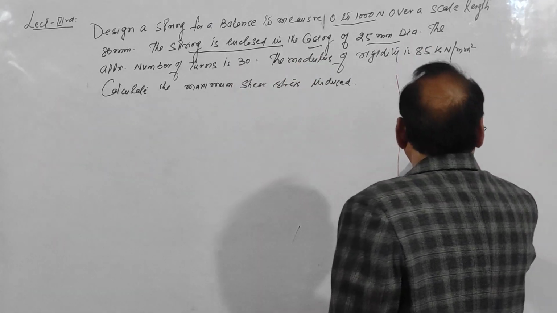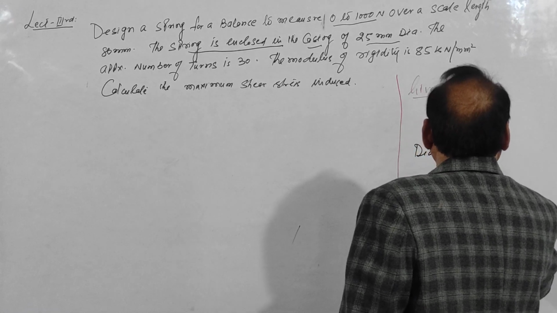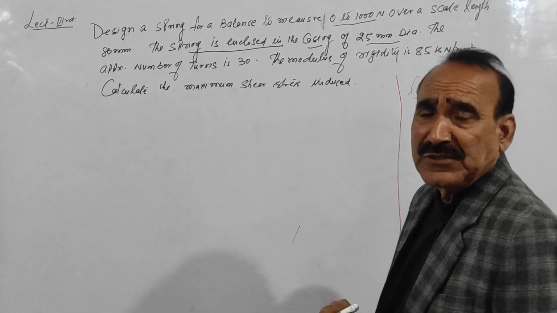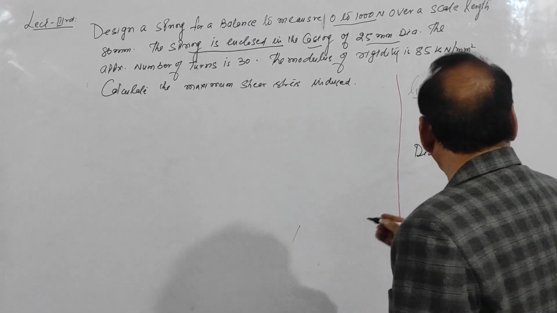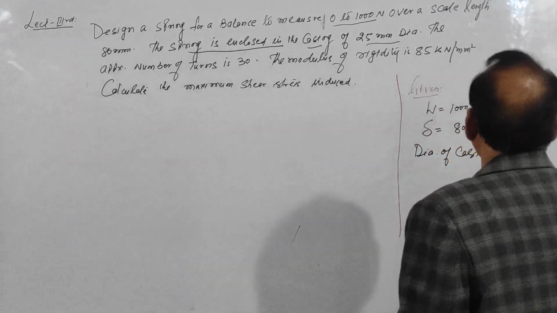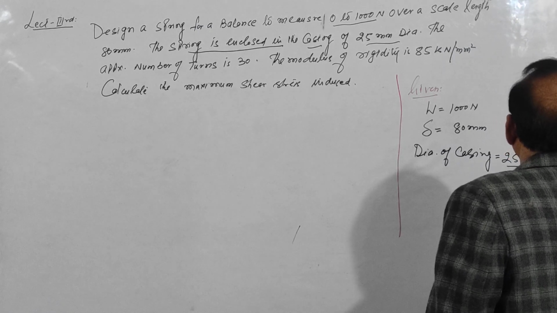So you can say diameter of casing where the spring is enclosed. जिसके बीच में स्प्रिंग को इनक्लोज किया है तो ये आप कह सकते हैं, this is equal to 25 mm. Right.